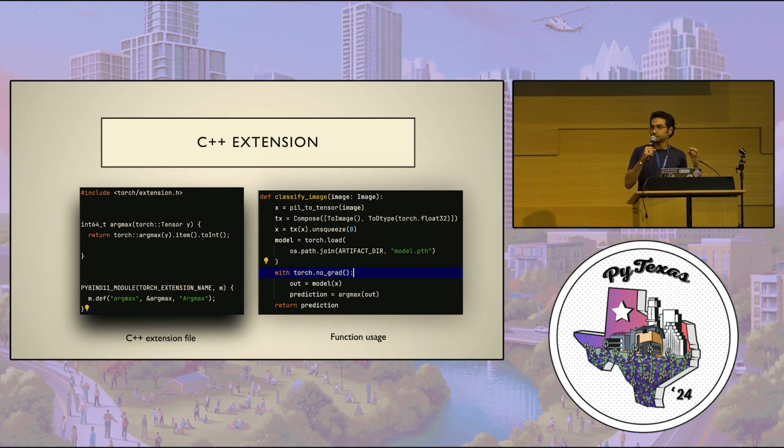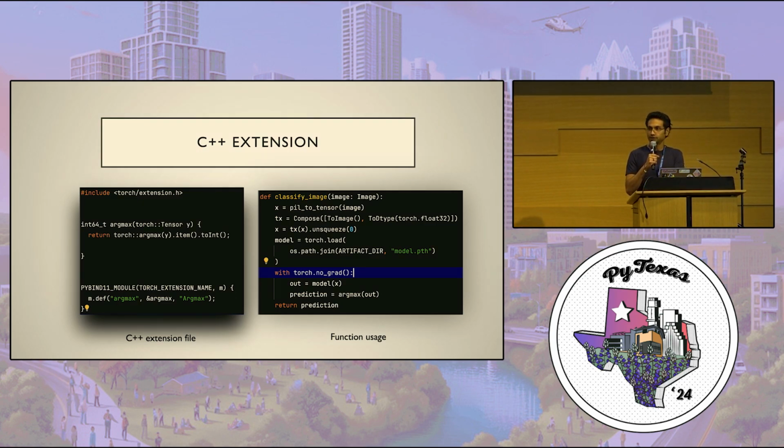The output we get from the model is a softmax output, which is a fancy way of saying that there are 10 digits, so you have 10 different outputs, summing up to a probability distribution, and you want to take the one which gives you the maximum probability. In this case, we have to use the argmax function. Now, instead of using the usual torch.argmax, I'm going to use my own extension, which I wrote in C++, and it does the same thing. It just adds a little bit more complexity there. Okay, so we're good here.